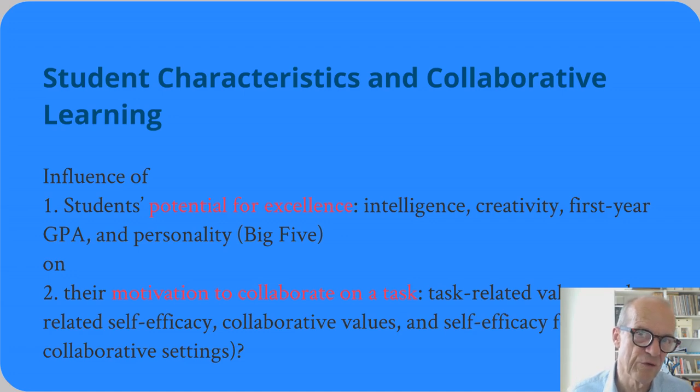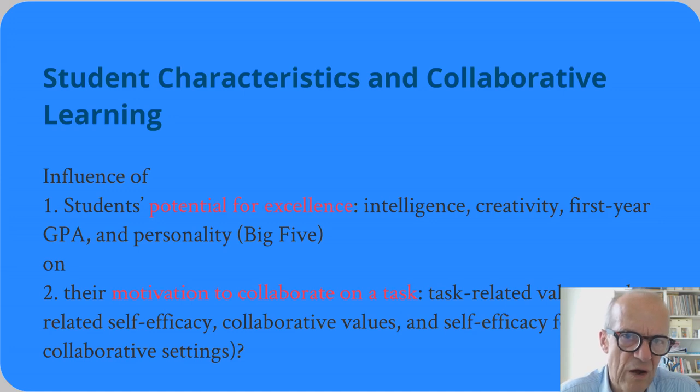In fact, if we return to the slaving issue, you may realize that bright students may indeed be performing worse because of the fact that they have to collaborate. Okay, so that idea that bright students do not want to collaborate was tested in this study together with a lot of other questions. So Annadine actually distinguished various indicators of excellency, potential for excellence, like intelligence, creativity, and first year grade point average.